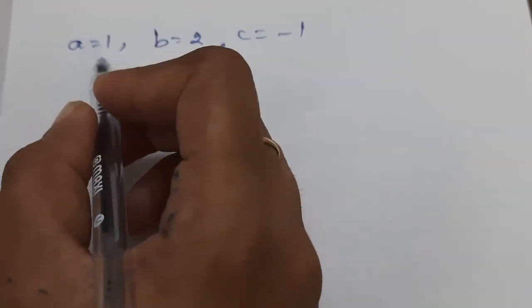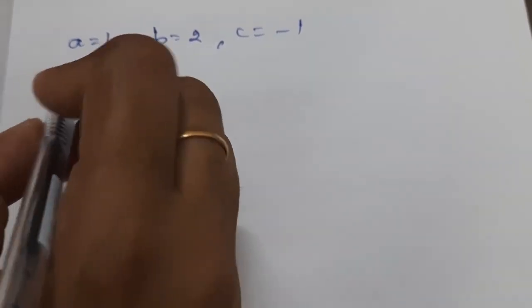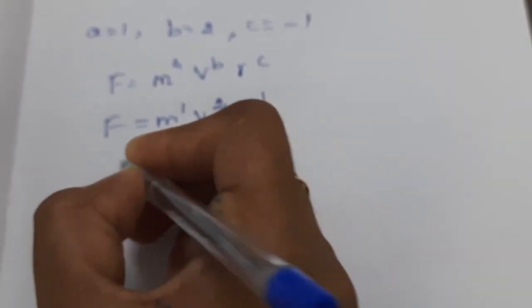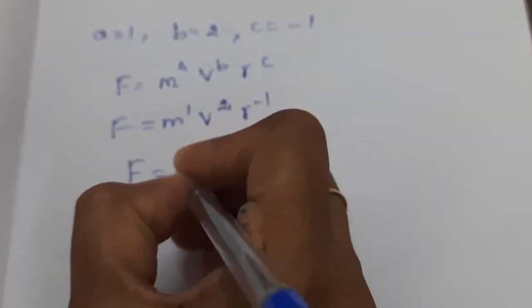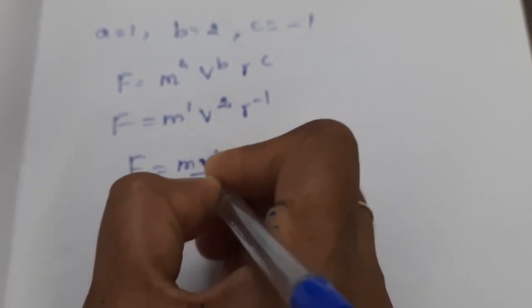Substitute the values a equal to 1, b equal to 2, c equal to minus 1 in the above equation. We get F equal to m^a v^b r^c, that can be written as F equal to m^1 v^2 r^-1, that is F equal to m v square by r.